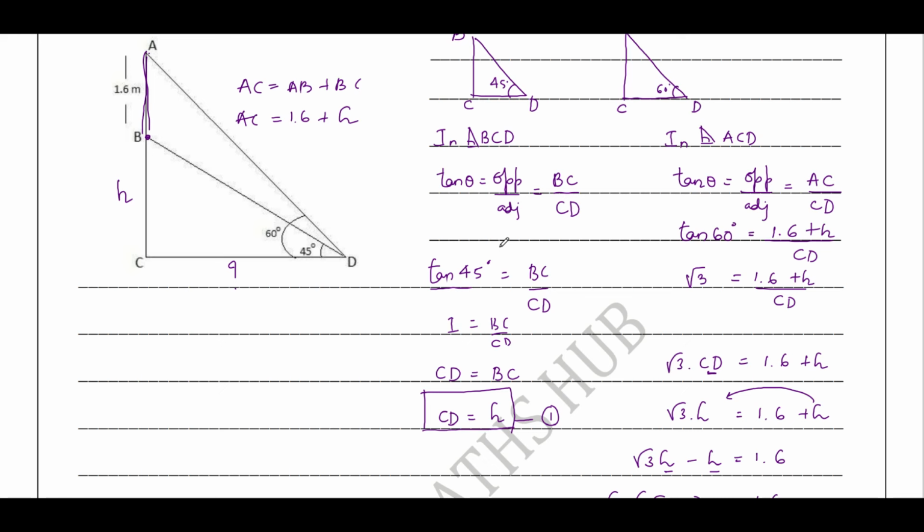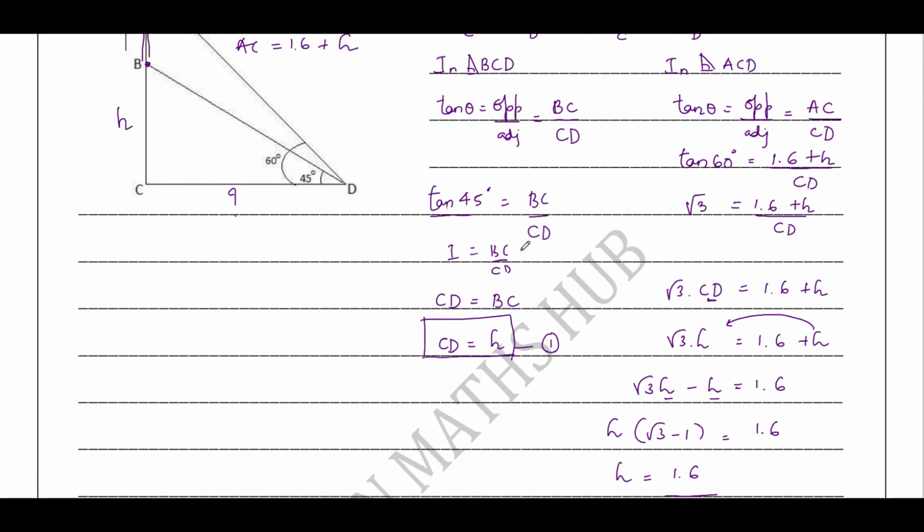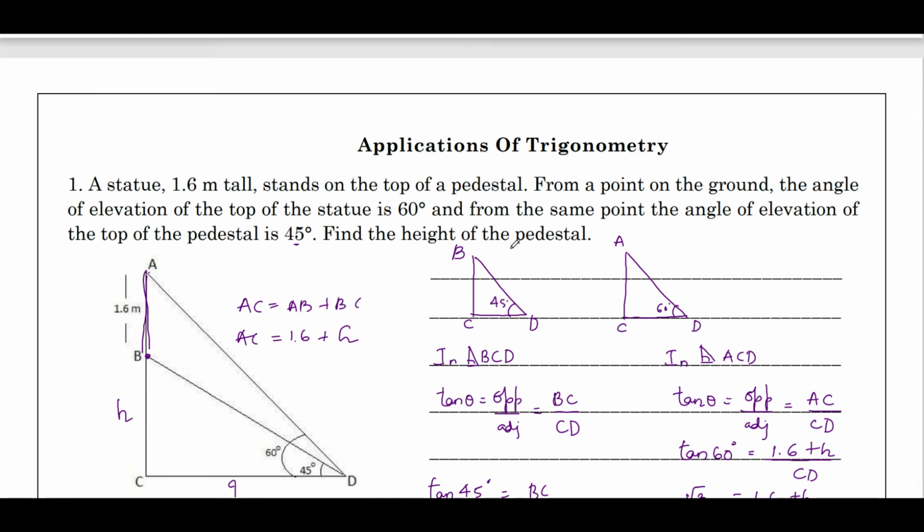Using that common side, connect those equations and substitute it and simplify it. You will definitely get 4 marks. Practice all these questions. Definitely you can score good marks in mathematics.